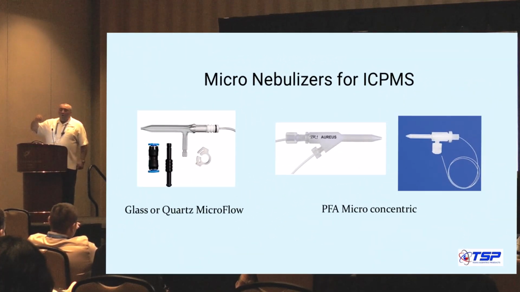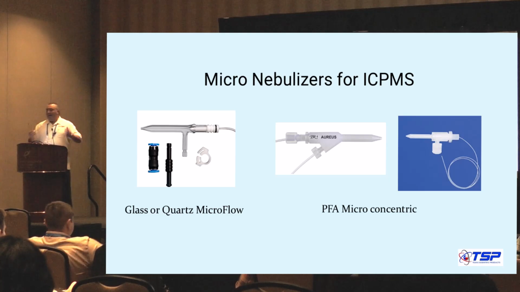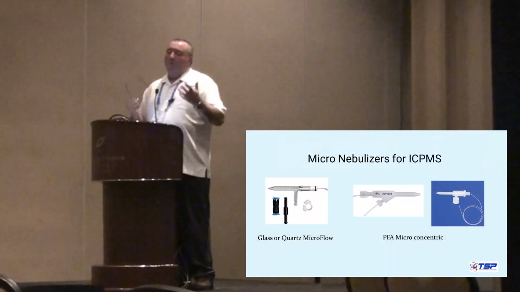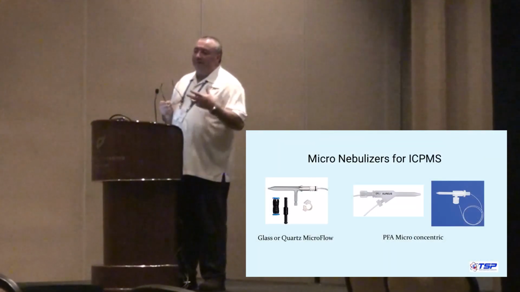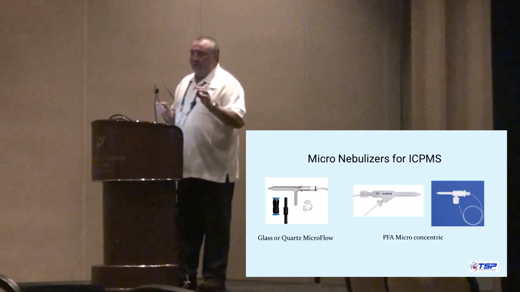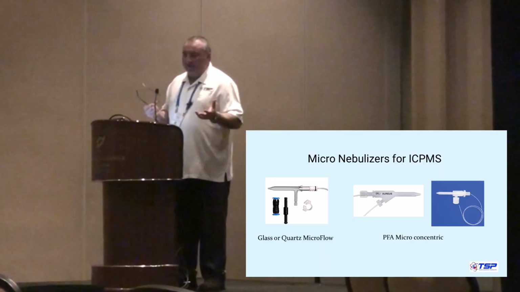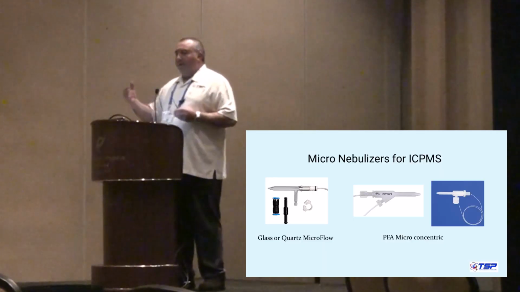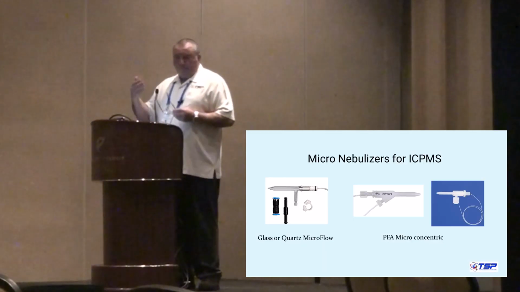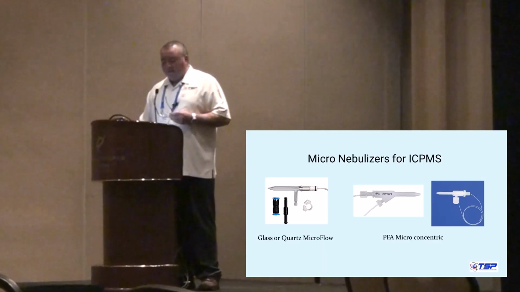Now, going to ICP-MS, right, as Tom mentioned, the modern ICP-MSs are designed for a smaller sample uptake rate, 0.4 mL per minute typically. And we offer, again through our partners, a basic concentric nebulizer.